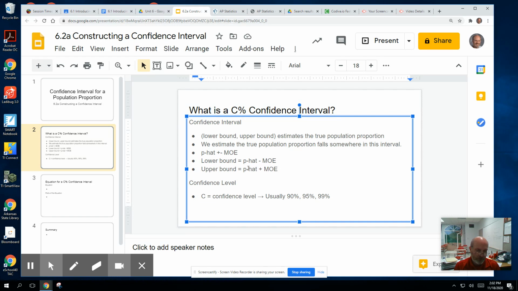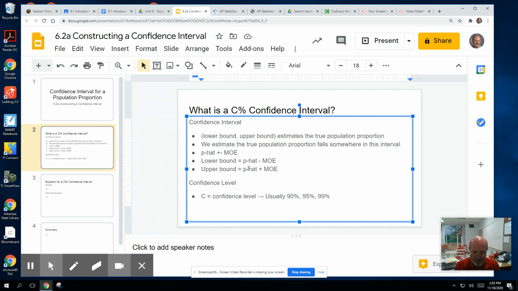So if we take every single one of those samples from the sampling distribution and we add the margin of error to get the upper bound for a confidence interval and subtract the margin of error to get a lower bound for a confidence interval, then we have just as many possible confidence intervals as we have sample proportions in our sampling distribution. And we could construct a confidence interval based on every single possible sample proportion in our sampling distribution. So there's the same number of potential confidence intervals that there are p-hats in our sampling distribution.